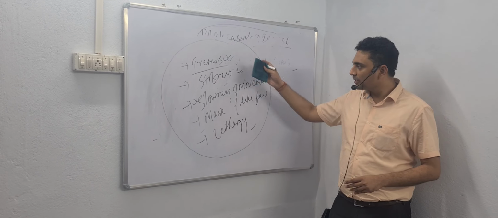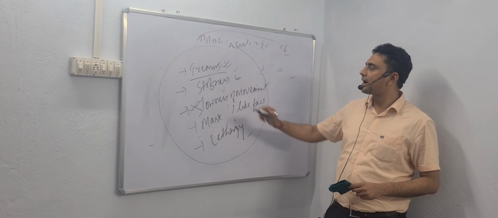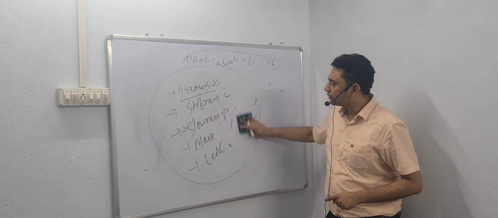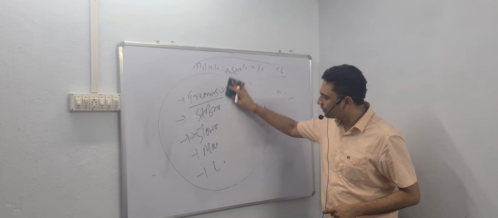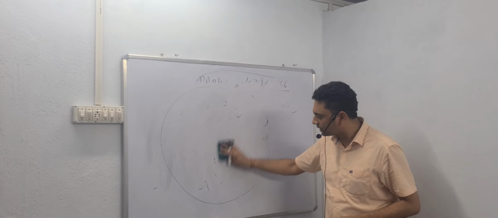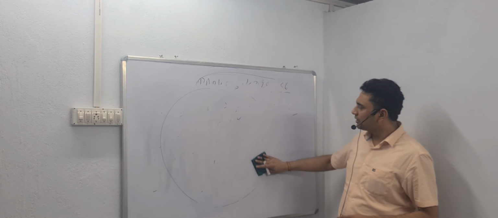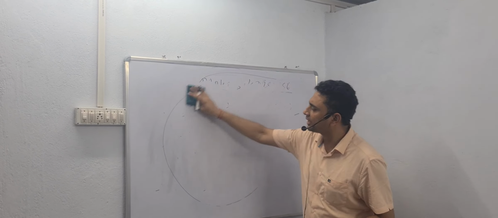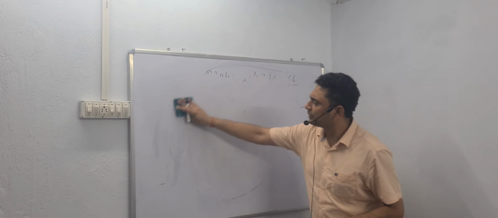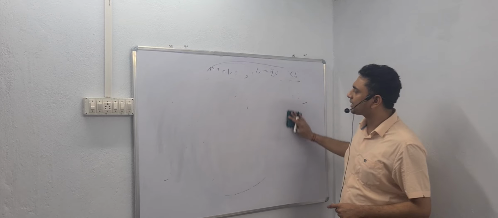These are the major signs and symptoms which we see in a Parkinson's disease patient. We see more prevalence of Parkinson's disease in elderly individuals, especially those whose age is more than 60 years.